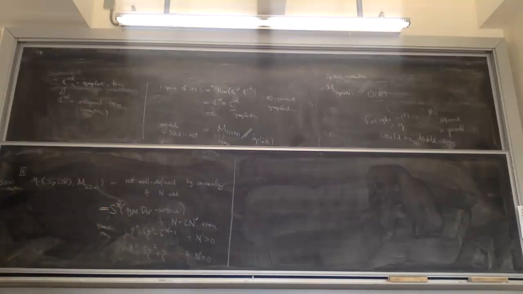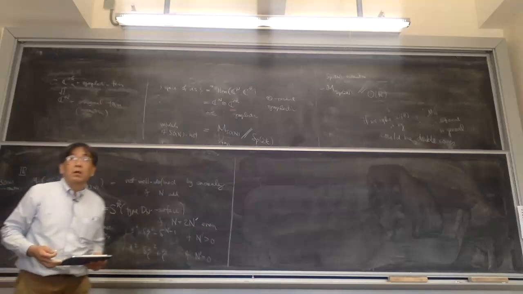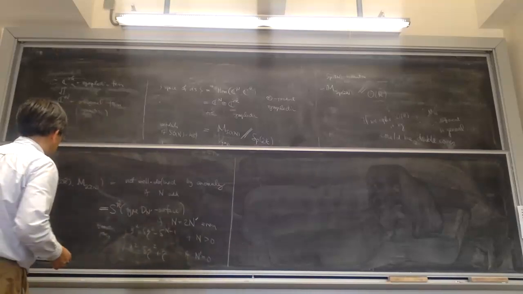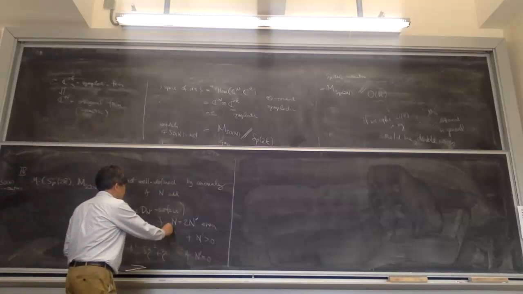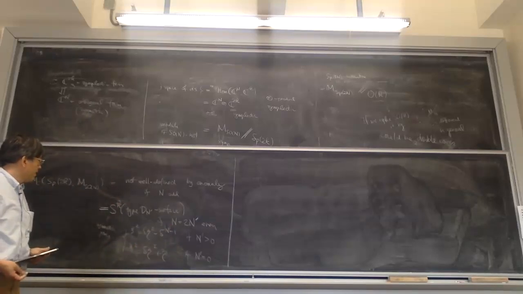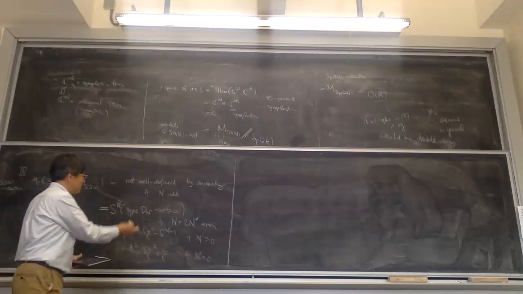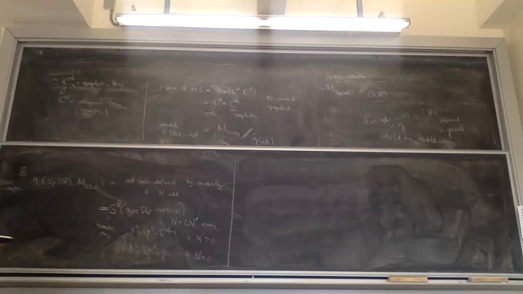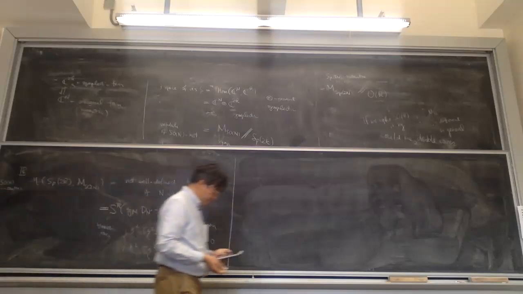And the proof of this statement, maybe I also write. If n' is greater than or equal to 4, after possibly a change of coordinates, this is the type D_{n'} surface.